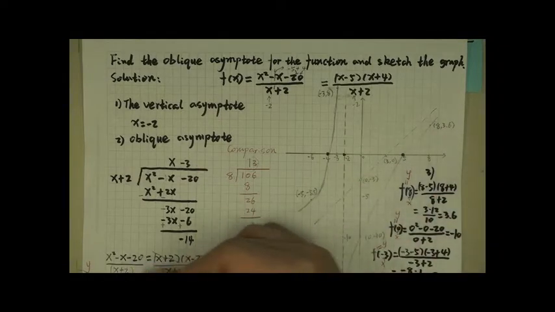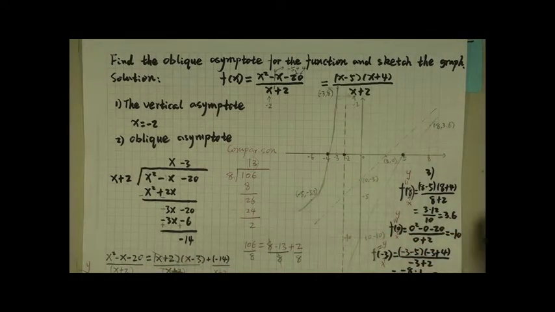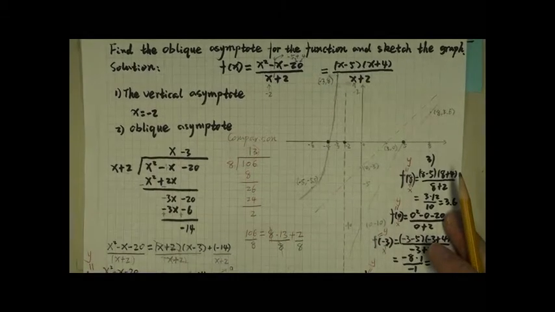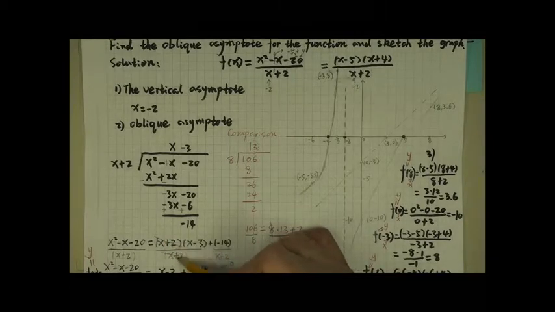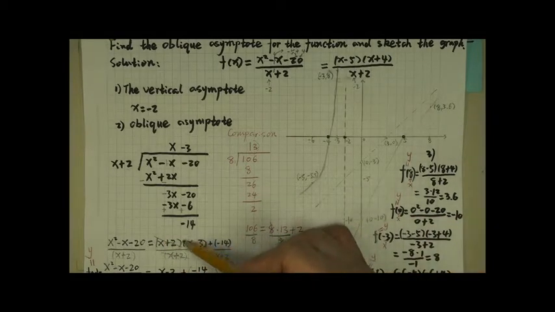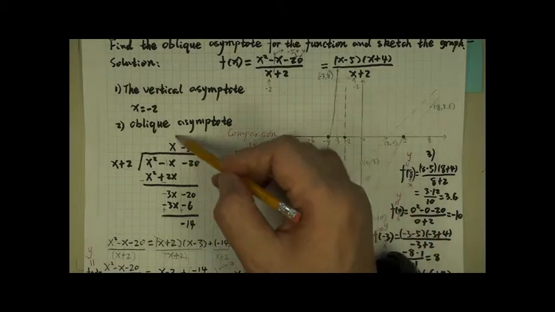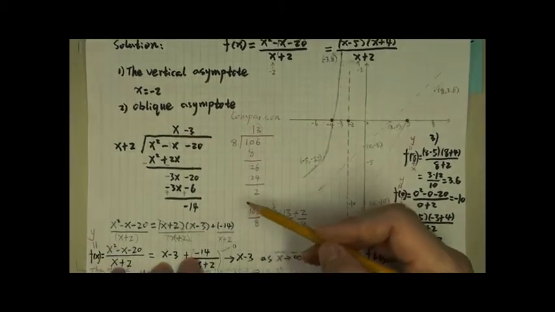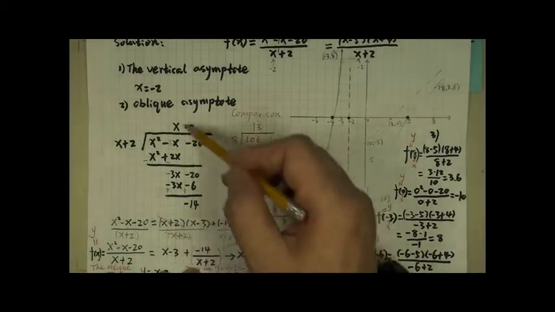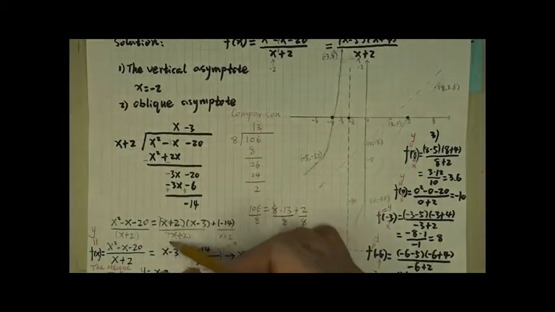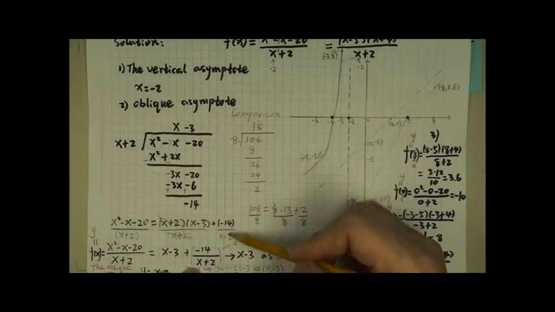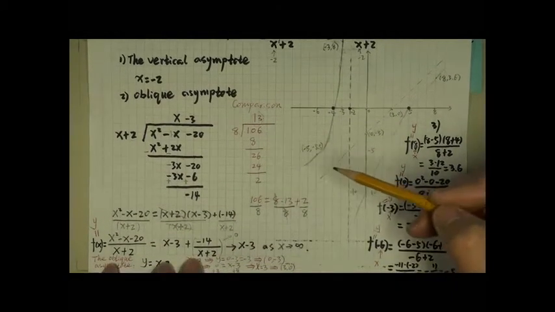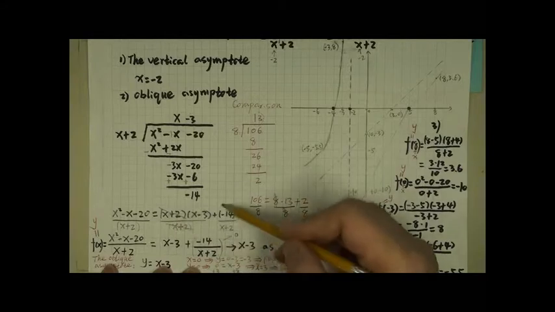If you divide both sides by x plus 2, then x plus 2 will cancel each other. The right hand side left over is the numerator. So is the quotient right here, quotient. And then here is minus 14 over x plus 2. That's the right hand side.